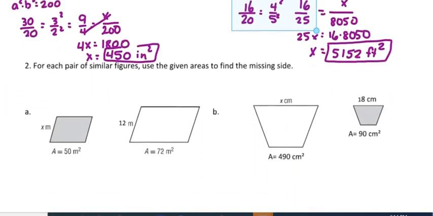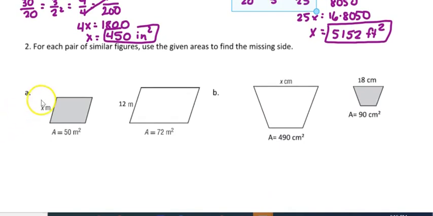All right, this one, they're giving us the area of each. We need to find this missing side. So let's start with this one being on the bottom, 72, 50. I'm going to just put the unknown one on the top, okay? So 72 goes to the area of 50. We know that we need to square root that. So let's see if we can reduce it first by 2.